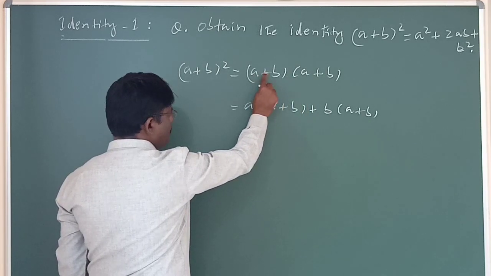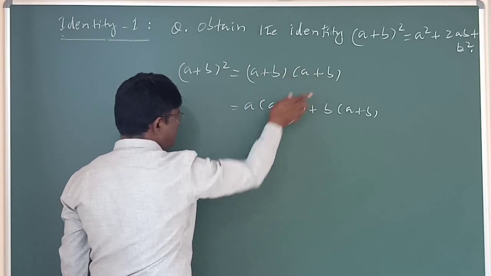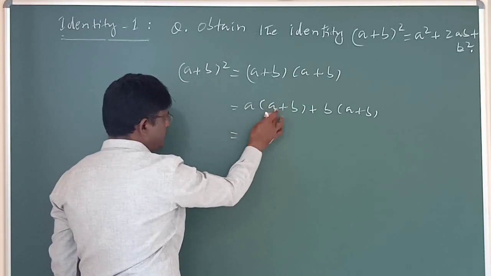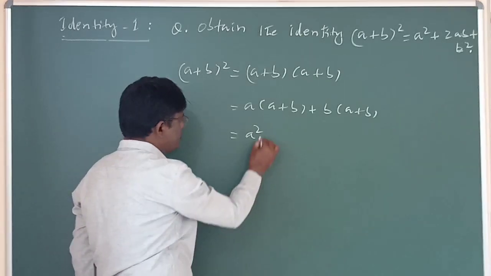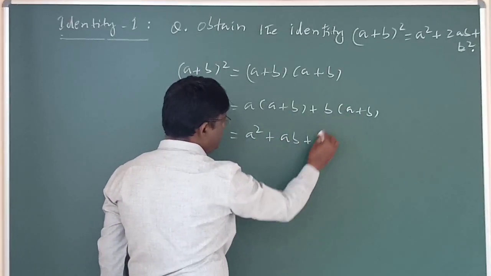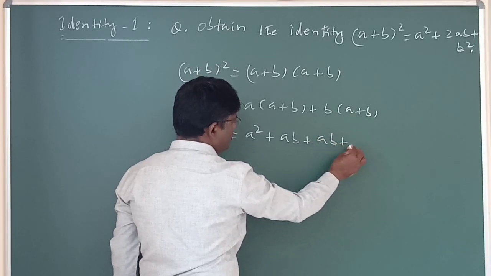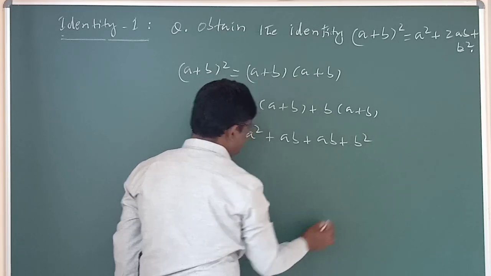So here binomial with binomial, a into this, b into that, we get a into a is a square, law of exponents, plus a into b into a, commutative law, plus b into b is b square.